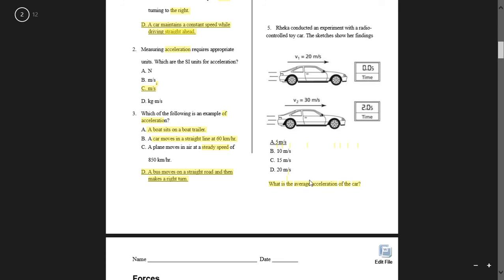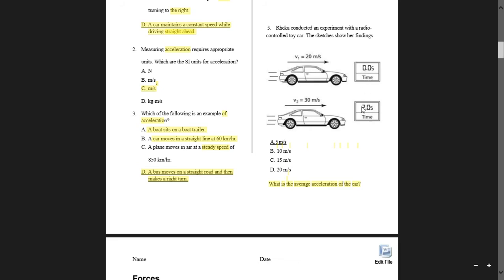We see that acceleration equals V2 minus V1 divided by time. Again, V2 minus V1 divided by time. The time in this problem equals just 2.